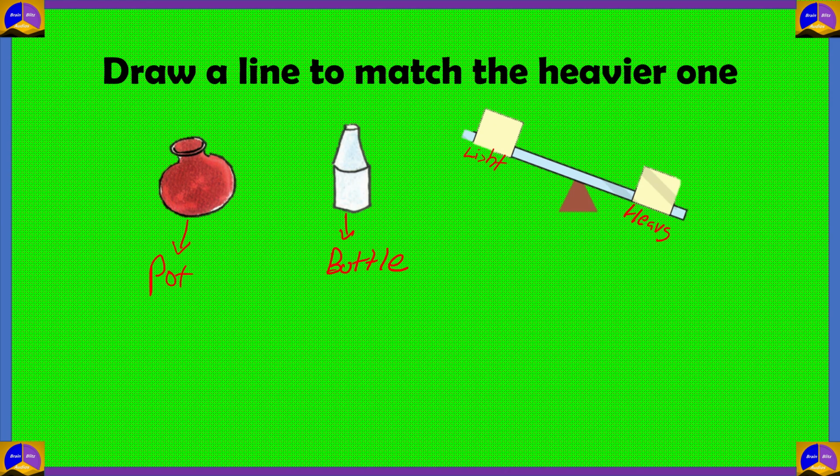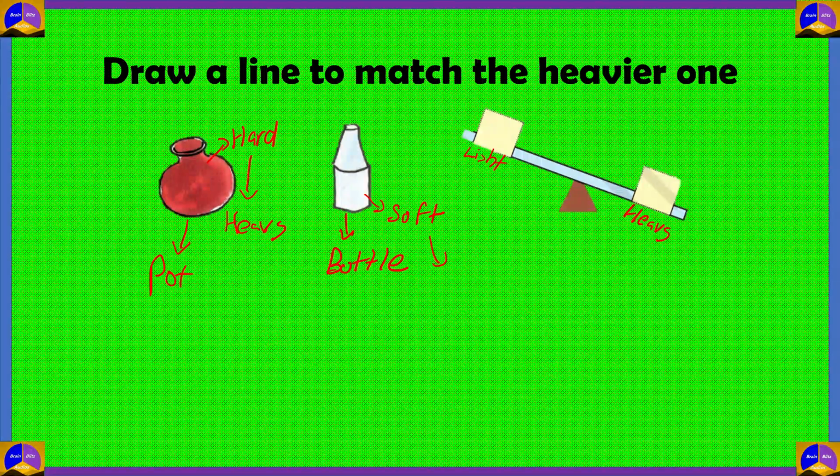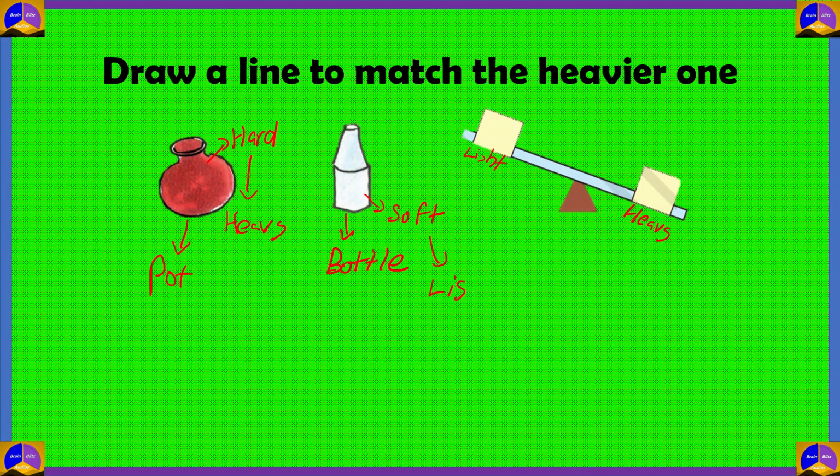Now, you can see that the pot is very hard and the bottle is very soft. So this means that the pot is heavy and the bottle is light.